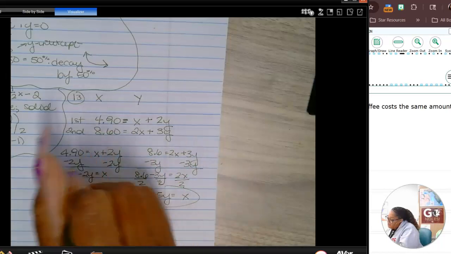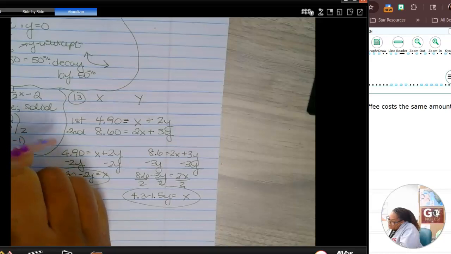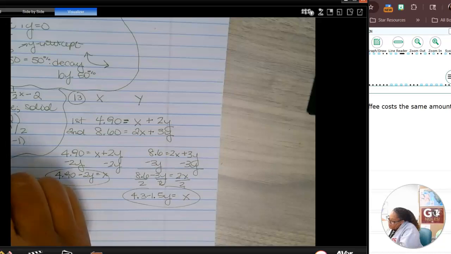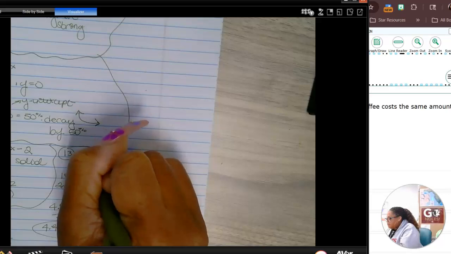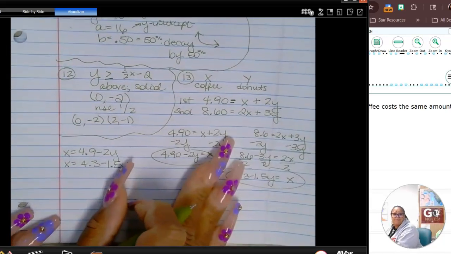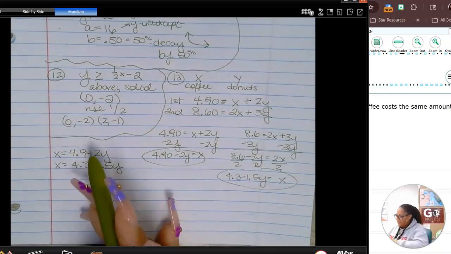So I'm going to graph these two. X equals 4.9 minus 2y, and x also equals 4.3 minus 1.5y. And remember, x is coffee, y is donut. I know I spelled donuts differently, but, oh, you can't see this. My bad. I was putting this over here, so this is what's going to go in Desmos, and then I'm going to see where they cross.